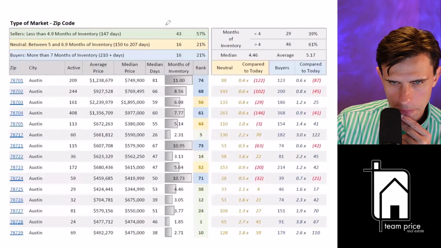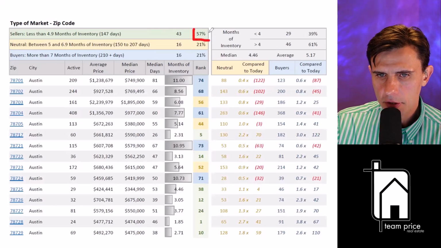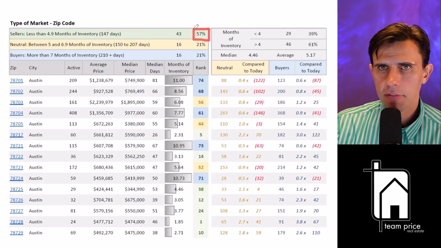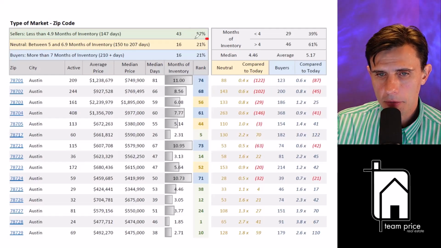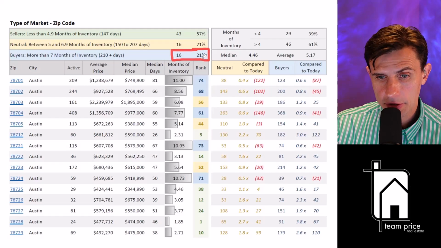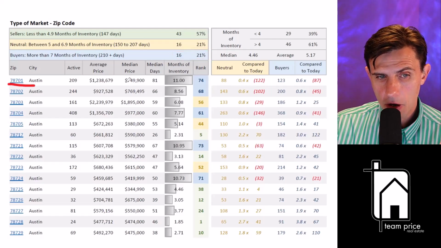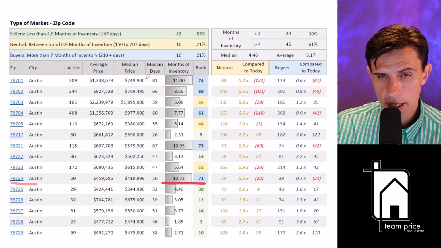What about zip code? Zip code is interesting because 57% of the 75 zip codes that we track are in a seller's market. But these two are gaining steam really fast, especially the buyer's market. You've got 01 at 11 months of inventory, 21 at 10.5, 24 at 10.3.